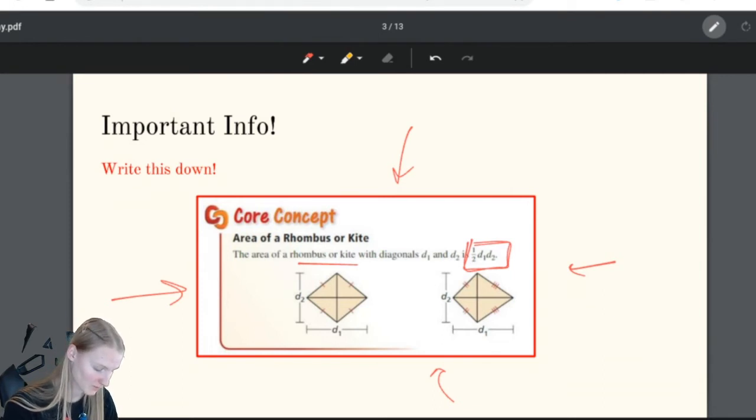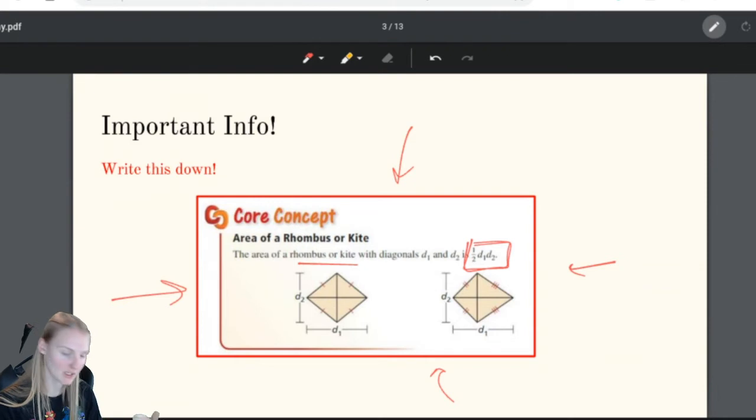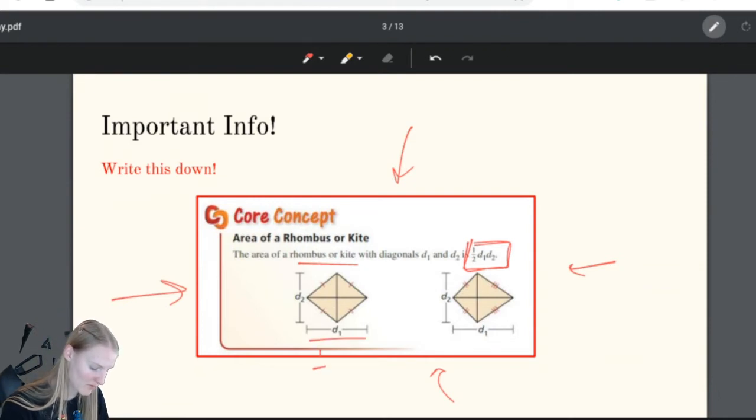why. Because with diagonal 1 times diagonal 2, you could see there's 4 triangles right here, and the formula for the area of a triangle is 1/2 base times height. So if this is our base, we take half of diagonal 1 for the base here, half of diagonal 2 for the base there.